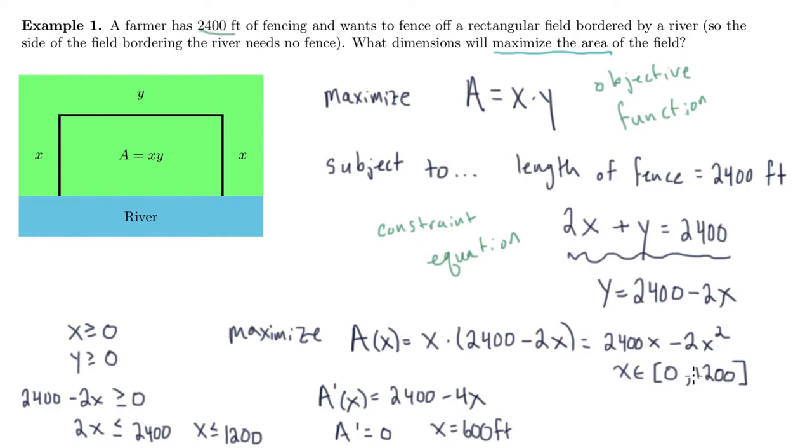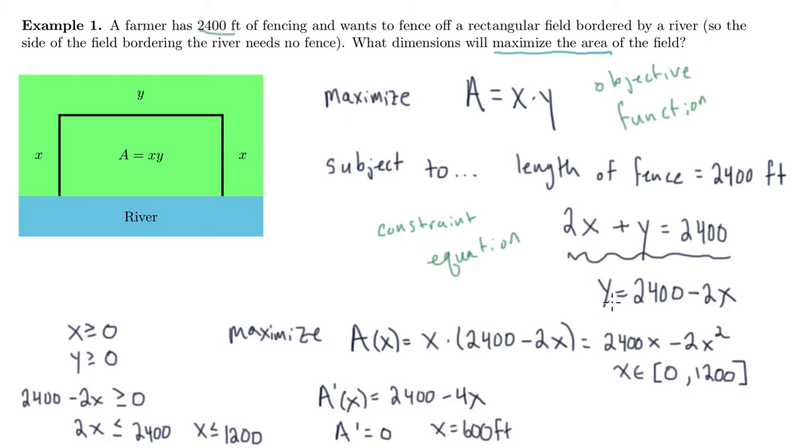Those are going to be my minimizers, right? Those x values give me the absolute minimum area that I can enclose, which of course is 0. That makes sense. So that means my absolute maximum is going to come when x is equal to 600 feet. So x equals 600 feet is one of my dimensions.